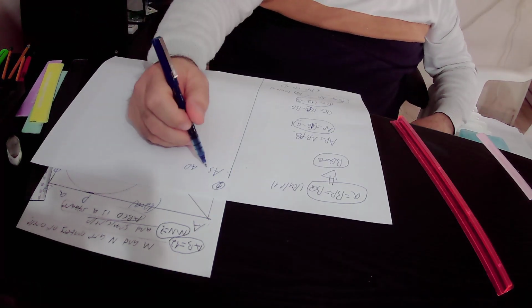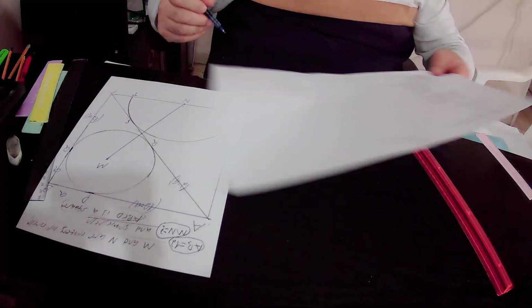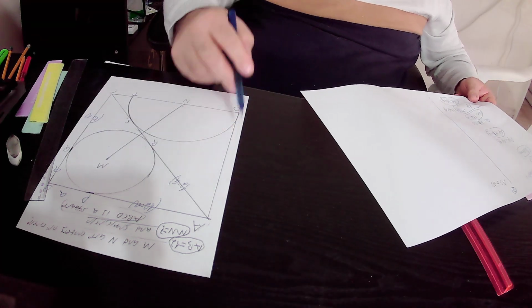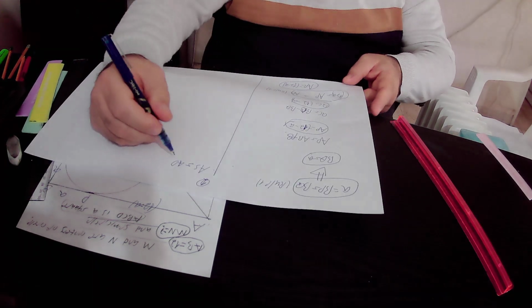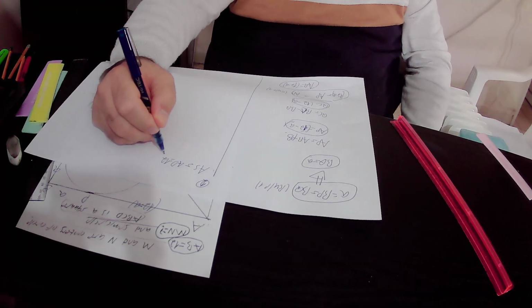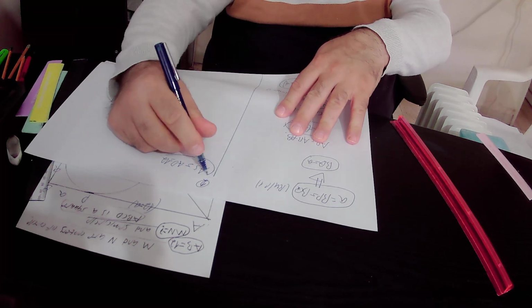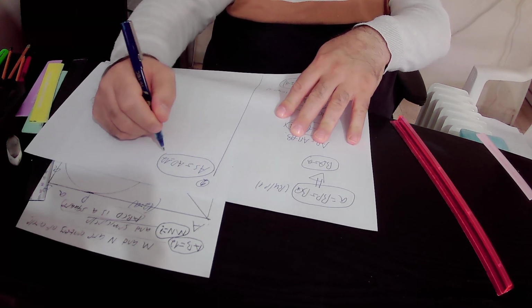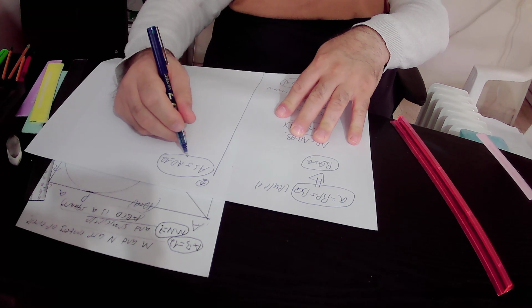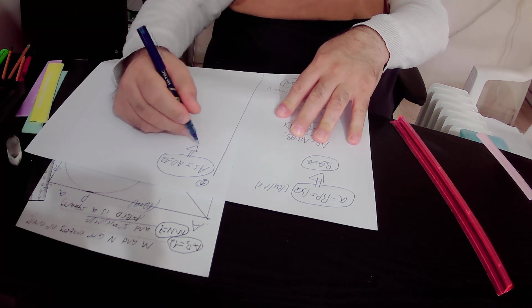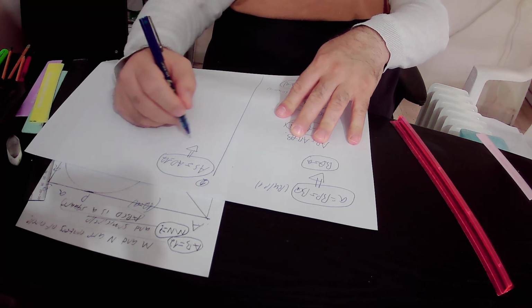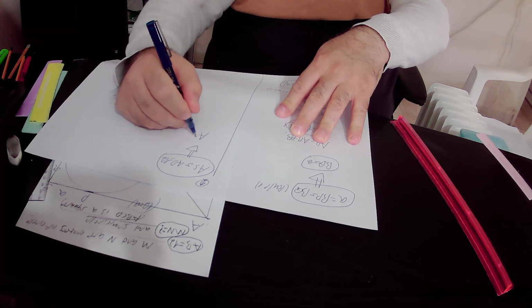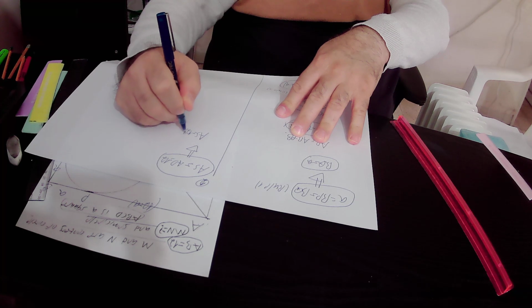AS equals AD, but it is given in the question that AD equals 12 units. So you can write here that AD equals 12 units. And from this equation, AS equals AD equals 12 units, we conclude that AS is also equal to 12 units.